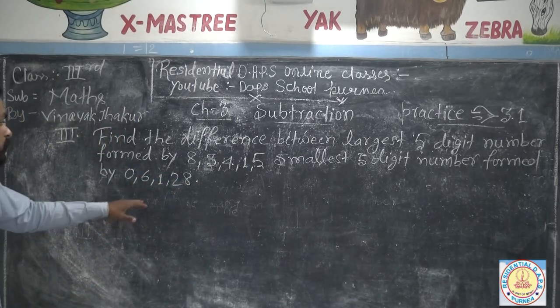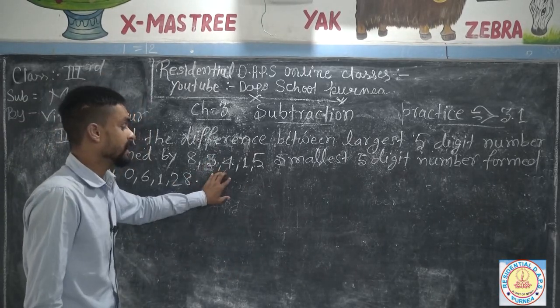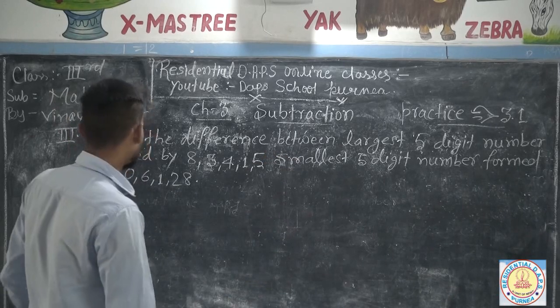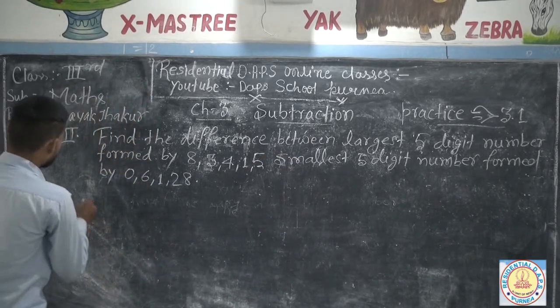Guys, first of all you have to form the largest 5-digit number from the given digits and the smallest 5-digit number from the other given digits.